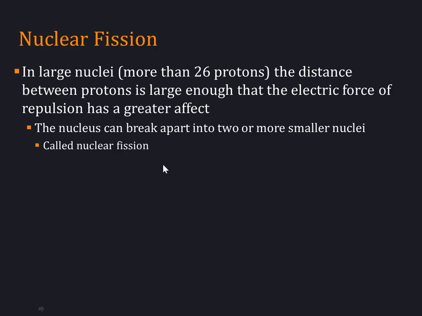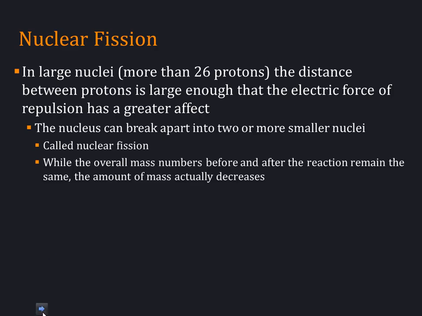A fissure is a crack. It happens when things break apart. So nuclear fission occurs when one nucleus breaks apart into two or more smaller nuclei. The overall mass number before and after the reaction is going to remain the same. So if you had uranium-235, that 235 is the mass number.